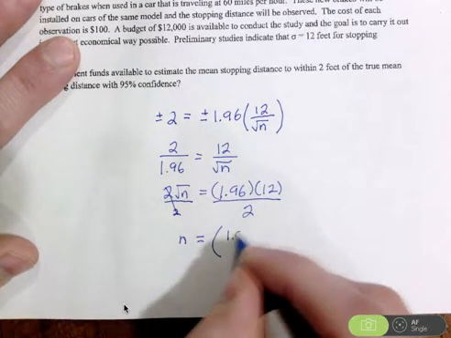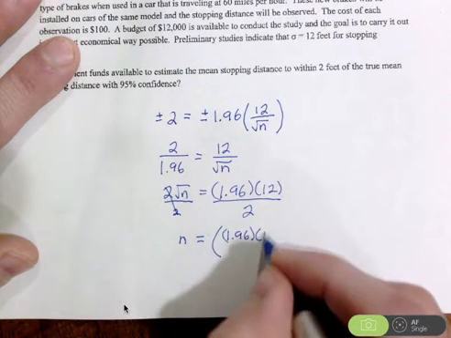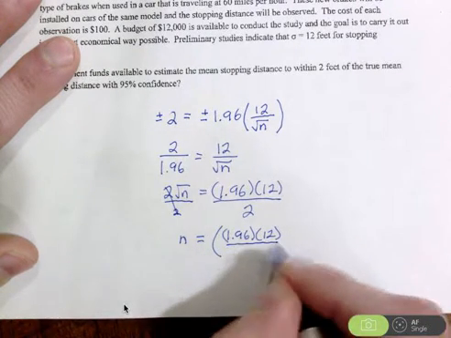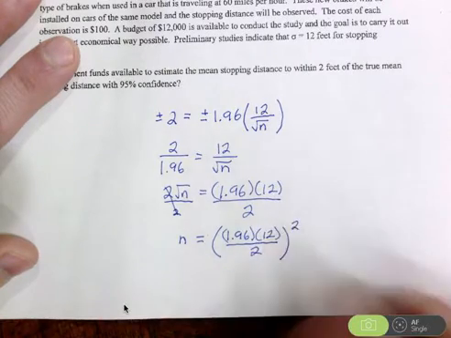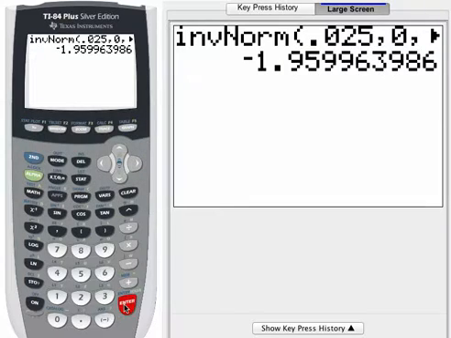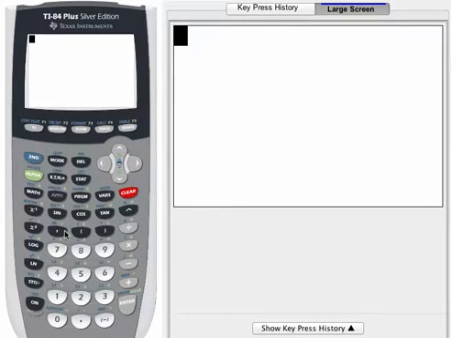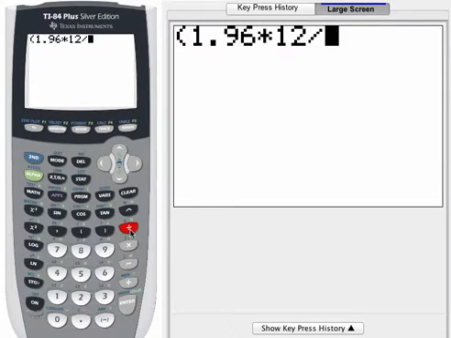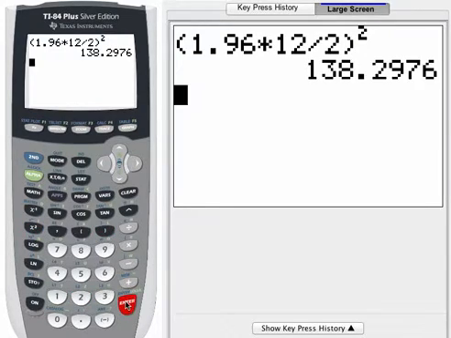So we're going to square the quantity 1.96 times 12, divided by 2. That gives me a sample size of 138.2976.